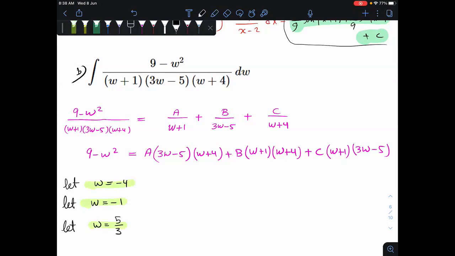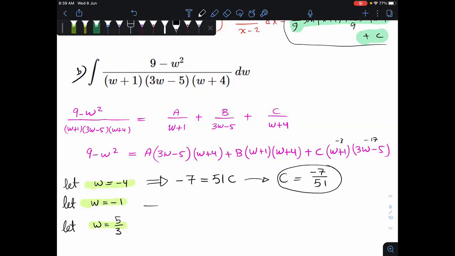When you substitute negative 4 for w, we cancel A and B, leaving an equation in terms of C. Negative 4 plus 1 is negative 3, and negative 12 minus 5 is negative 17, which gives 51C on the right side. On the left side, 9 minus 16 is negative 7. So the value of C is negative 7 over 51.